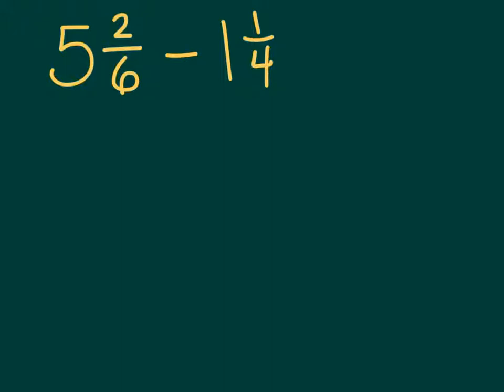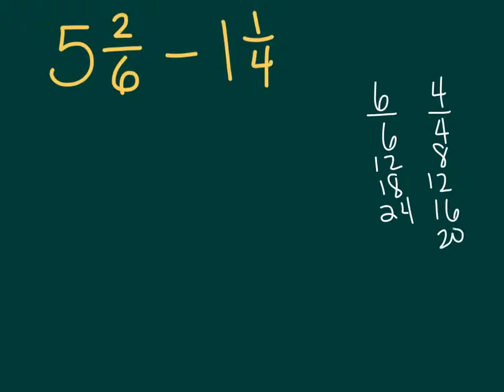And although a lot of times we like to say 6 times 4 and say, oh, the common denominator is 24, this time I should be able to find a smaller denominator than 24. So 6, 12, 18, 24, and for 4, 4, 8, 12, 16, 20, 24. So although I see 24 for both of them, I should also notice that I see 12.